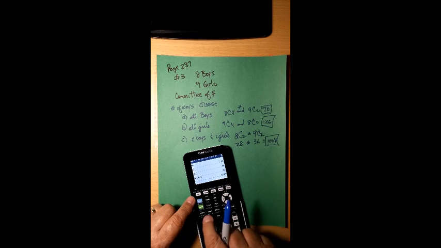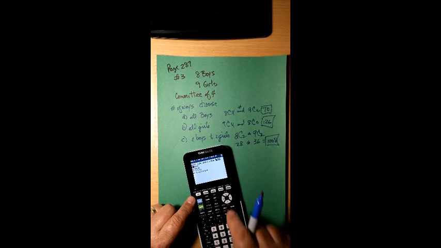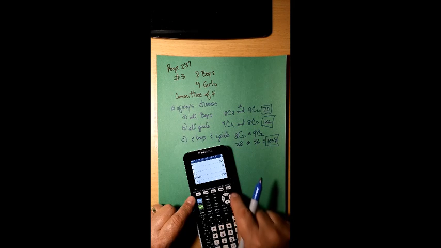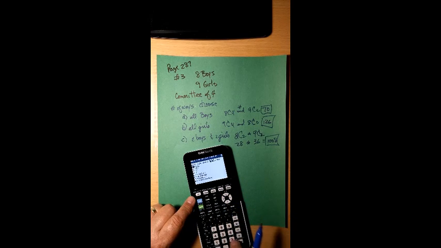Of course, you could have put in math prob the 8 choose 2 times, you don't have to put the times even, math prob and 9 choose 2, you get the same answer.